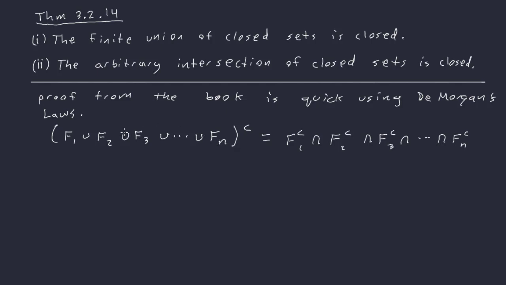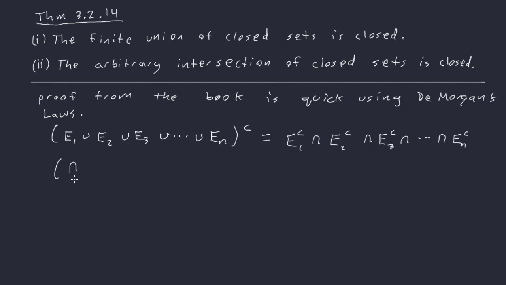They take De Morgan's laws, which is that if you take a bunch of unions of a bunch of sets and take their complement, and the book actually uses E so that you can generalize it. When you take the complement of all that, the unions turn into intersections, the intersections turn into unions.